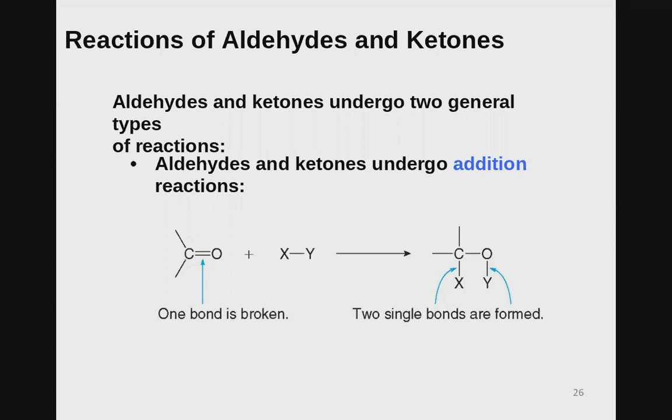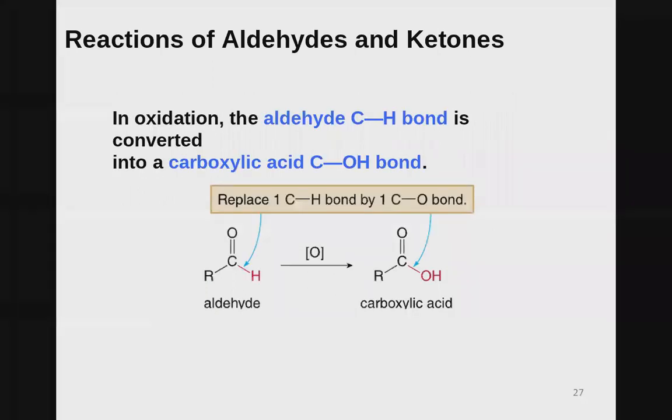So, pretty crazy. Typically speaking, in oxidation, our aldehydes' CH bond is converted into a carboxylic acid COH bond. So when our aldehydes are oxidized, we're converting the CH bond here into a COH. So we're putting an alcohol group there.